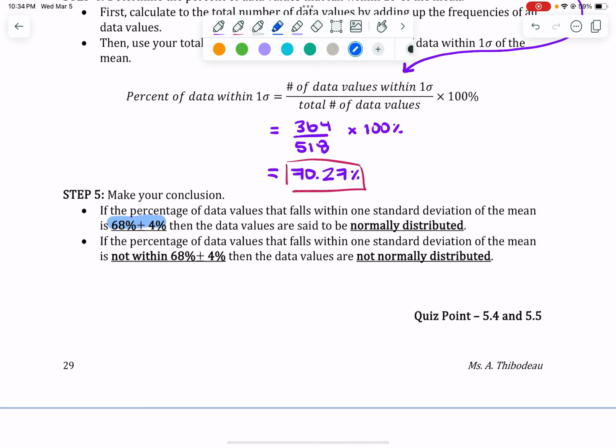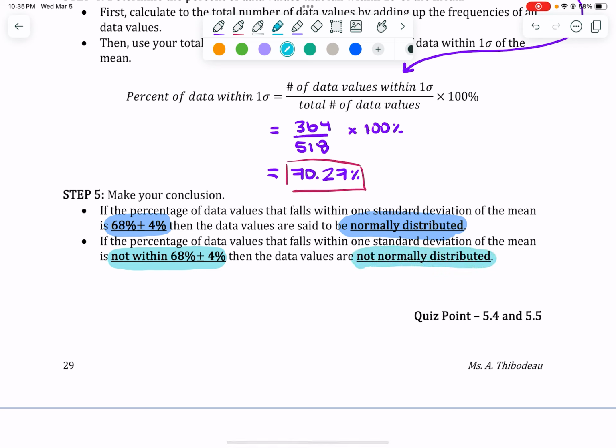Well, if whatever answer I get is up to a maximum of 4 away in either direction from 68%, so either 4 smaller or 4 larger, so either 64% to 72%, if it is within that range, I can claim that my data is normally distributed. If the percentage I get is not within 4% of 68, then I would say, no, my data is not normally distributed.